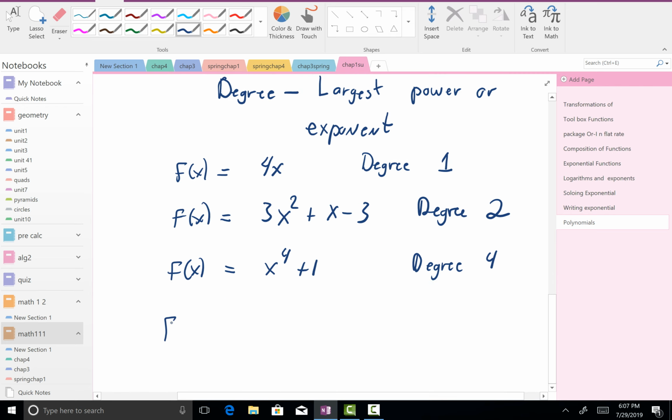So the question would be then, well, what if we have this? Okay, what about that? Because it has all power 1, 1, 1. Well, what you want to do then to figure out the degree, you have to put this in general form. But that would be a lot of work. So let's just count what the highest power would be. So we know we're going to have an x squared. And then we know if we took that x squared, we multiply that by this x.